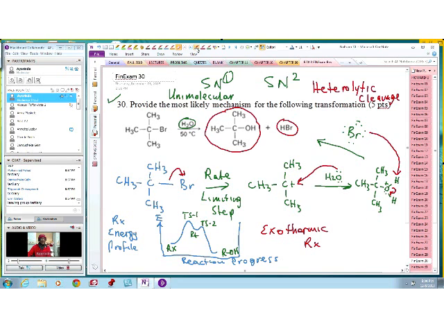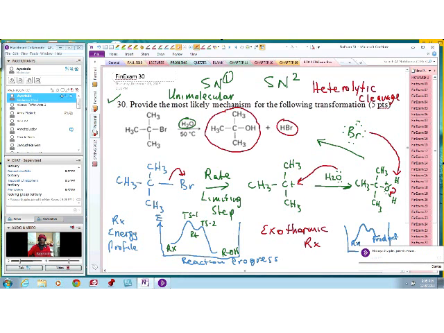If you have an endothermic reaction, what that essentially means is that the starting material goes here, goes to a transition state, and then it collapses. You notice here, this is your starting material, and this is your product.